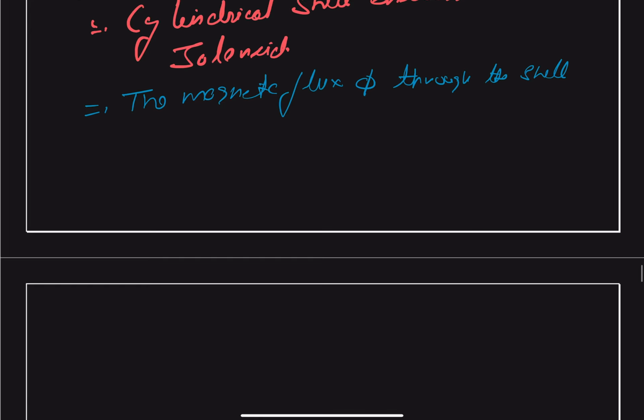is the product of magnetic field and cross-sectional area of the solenoid.